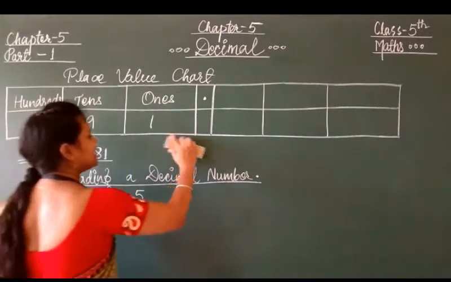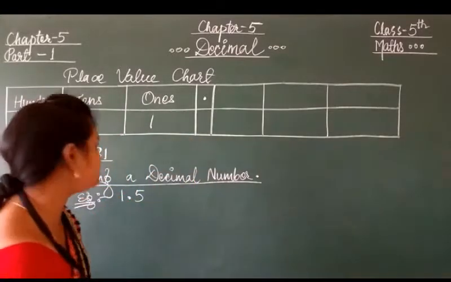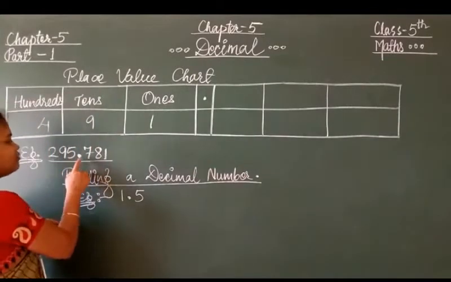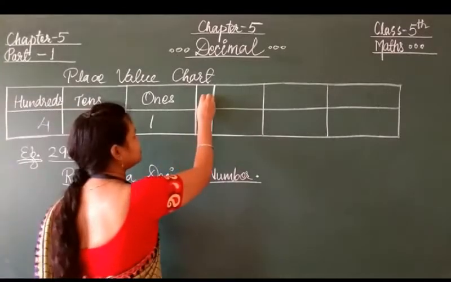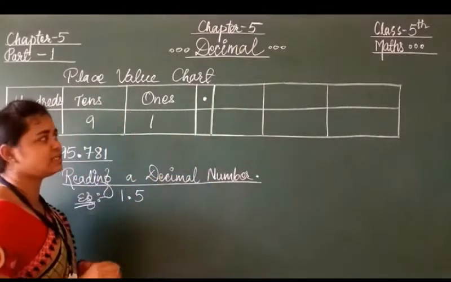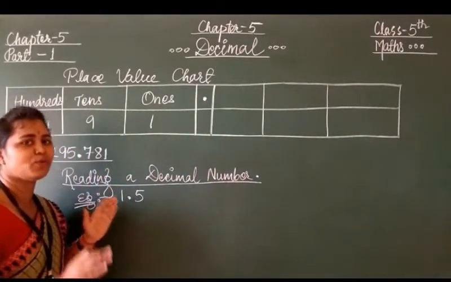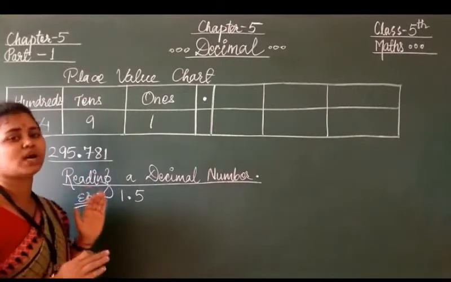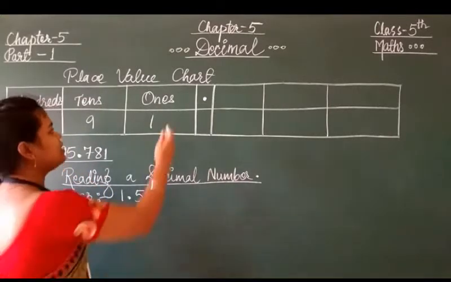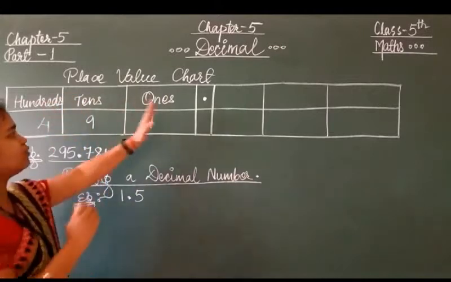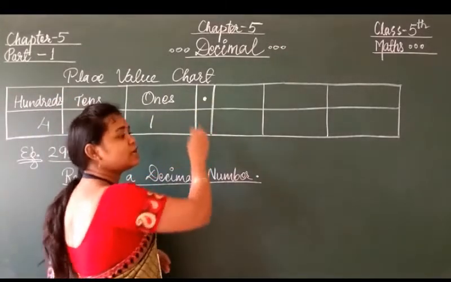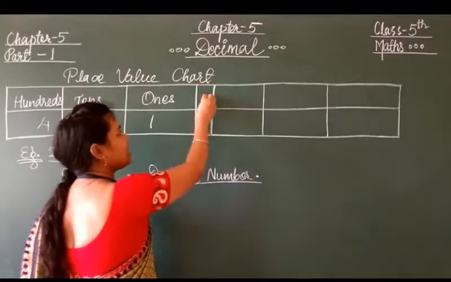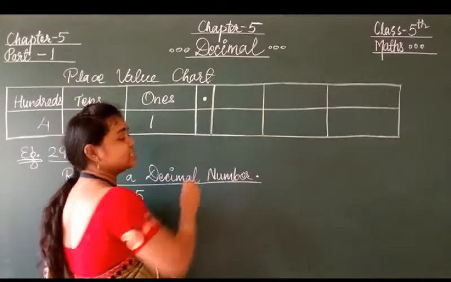But students, as I had taken the example 295.781, how do we read it and write it? See students, here a decimal is there. When you are preparing a place value chart of a decimal number, ones, tens, hundreds, you will move to the left side, then you will put a decimal here, and on the right side, after the decimal, this is called the decimal point.